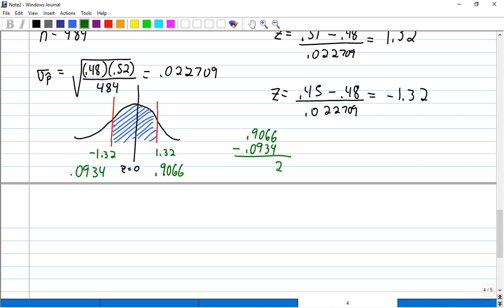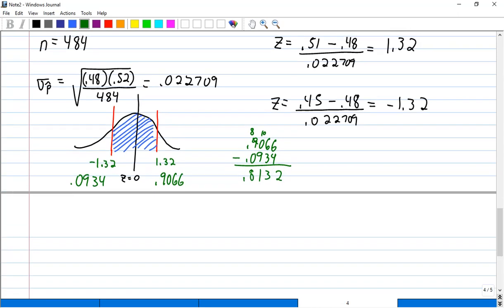All right, so the answer that I got was 0.8132. So that's the answer you'd want to enter in.